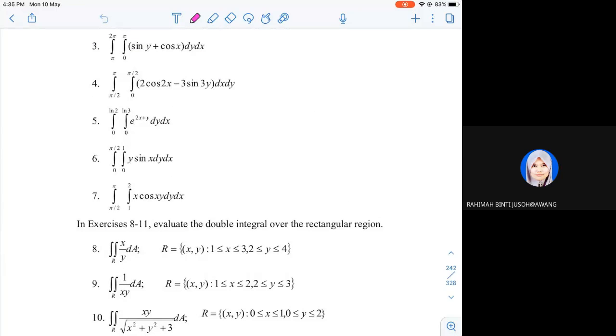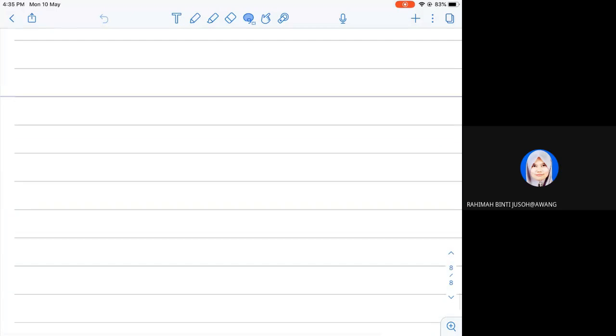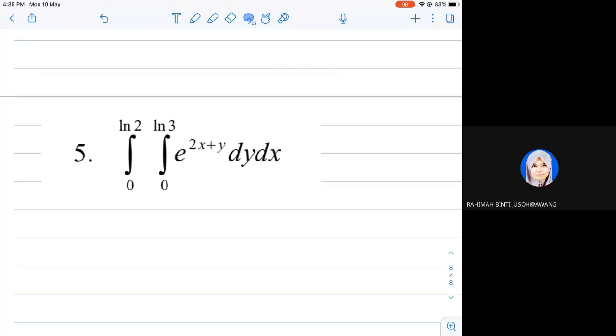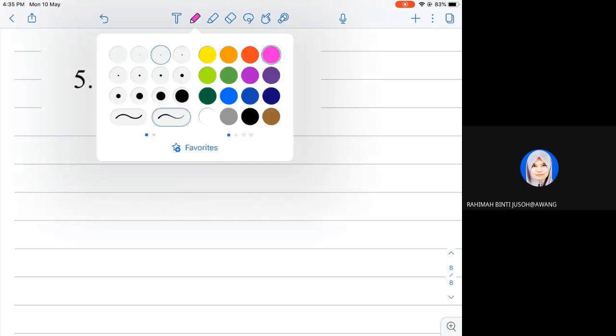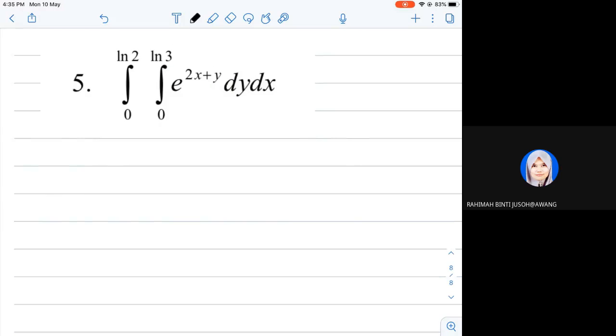Alright, so now let's do question number 5. We have exponential here. Okay, so this is equivalent to 0 ln 2, 0 ln 3, exponent 2x times exponent y.